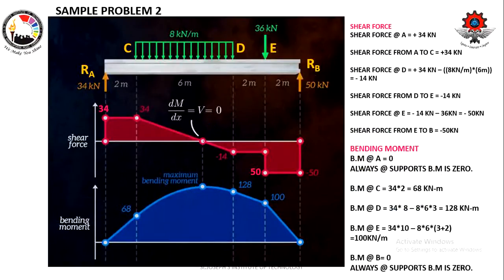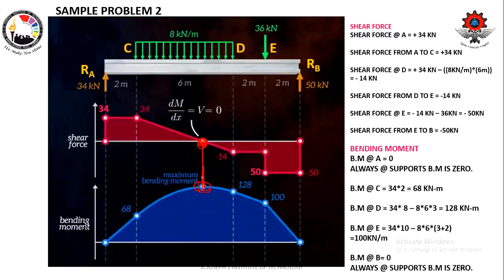You can see that the maximum bending moment occurs exactly at the point where your shear force is changing direction, or you can say as 0. Where your shear force is changing direction from positive to negative, that is the point where your bending moment is going to be maximum.